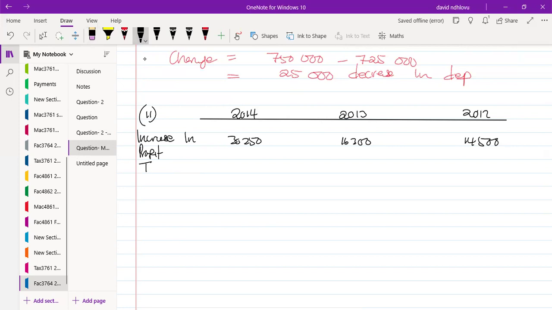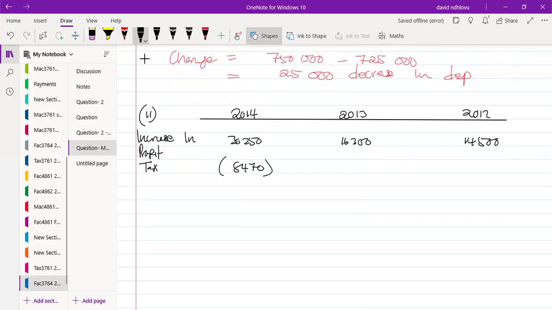So we say tax. Right, the tax rate changed from 29 in the previous years to 28. So in the current year now, we say 3250 times 0.28. The impact in terms of tax will be 910 here.